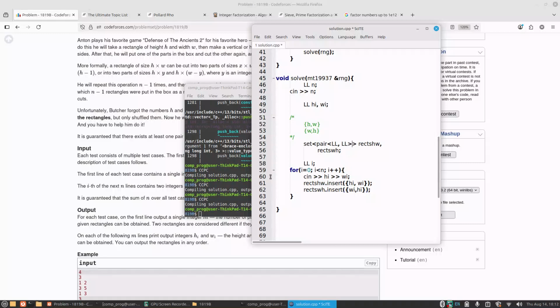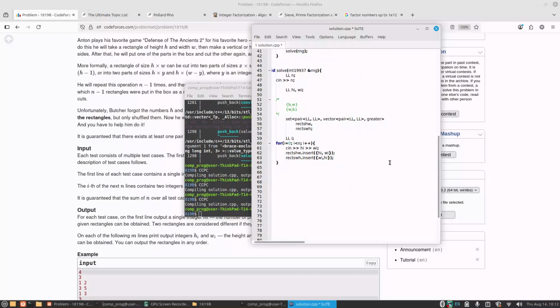And to make it easier for us, we'll do, then I think it's greater up here.